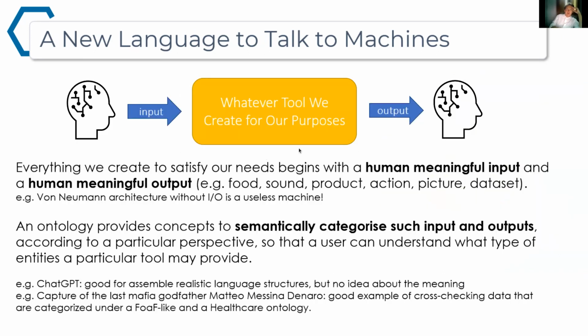In fact, human beings are always the beginning and the end of whatever we create. So if we create something, it's not because we like to build devices, but because they are useful to us. So one of the roles of the ontology is to provide meaning to the input that we provide to a tool, and to provide meaning to the output of the tool that we created.